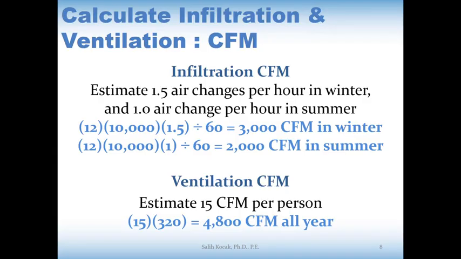So I have to use the ventilation CFM, which is 4800, which is larger than 3000. So I am just going to use the larger number. I am not adding them. If I add them, it's going to be conservative and it's going to cause us to get a larger equipment size and pay so much money for it. That's why I'm using the higher of ventilation or infiltration in my calculation.